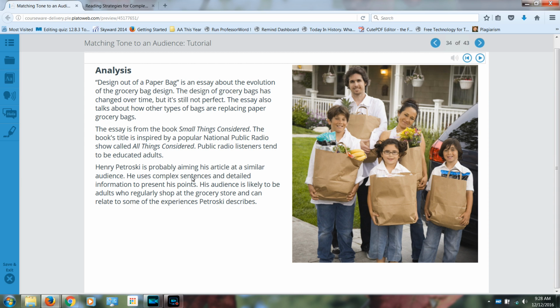He's got a specific audience that he's talking to. And if you look at it and use background knowledge, you could figure it out. A lot of times as 7th graders, and even as high schoolers, you don't have all the background knowledge.